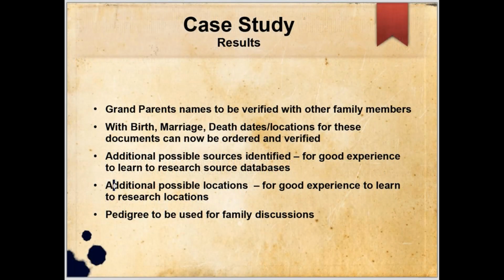Okay, the results you have for this exercise is that now you have identified potential grandparents to be verified by other family members, and they're written out in a pedigree chart so that the patron can take that to family members and ask them. This is great for children.